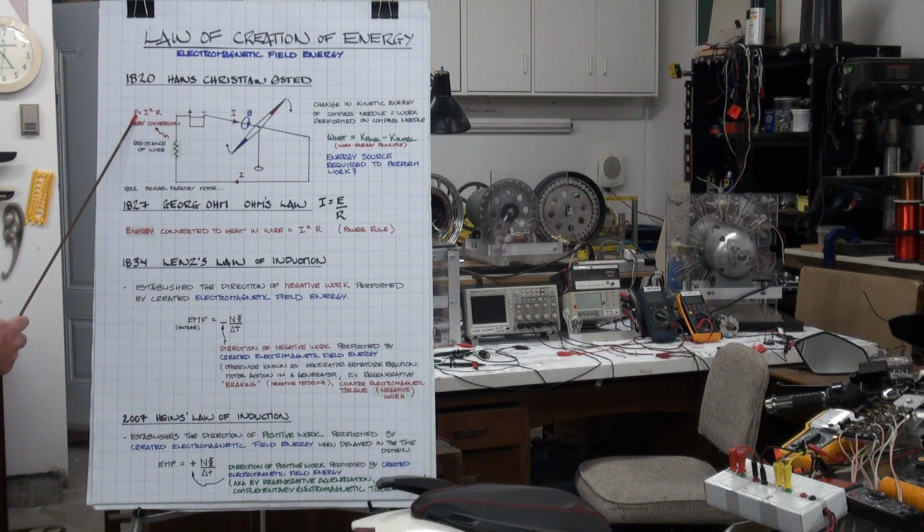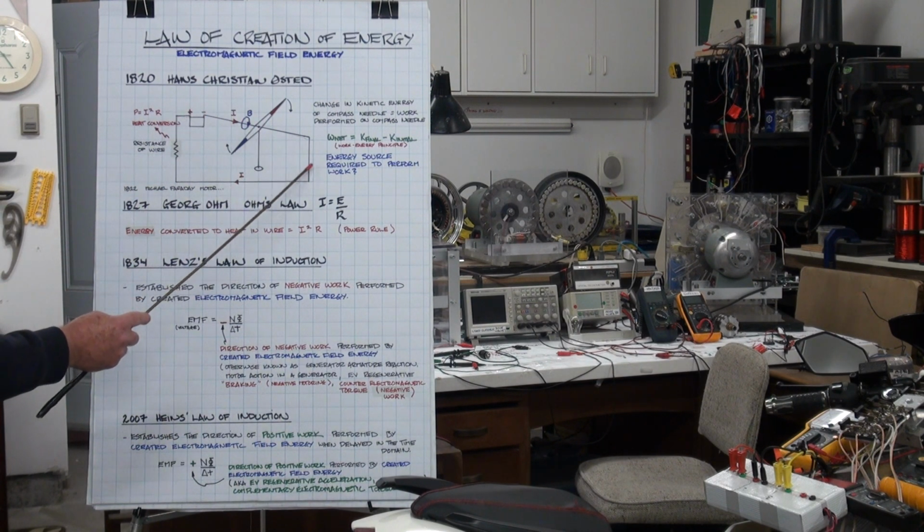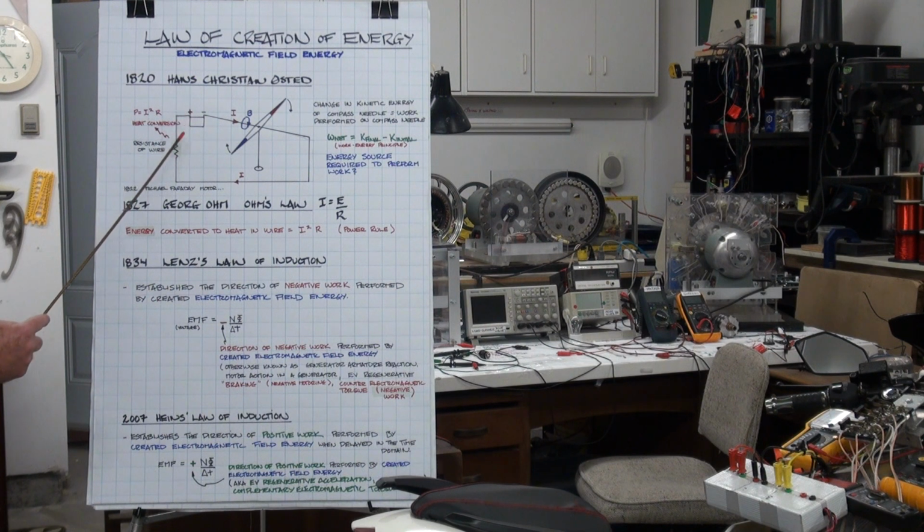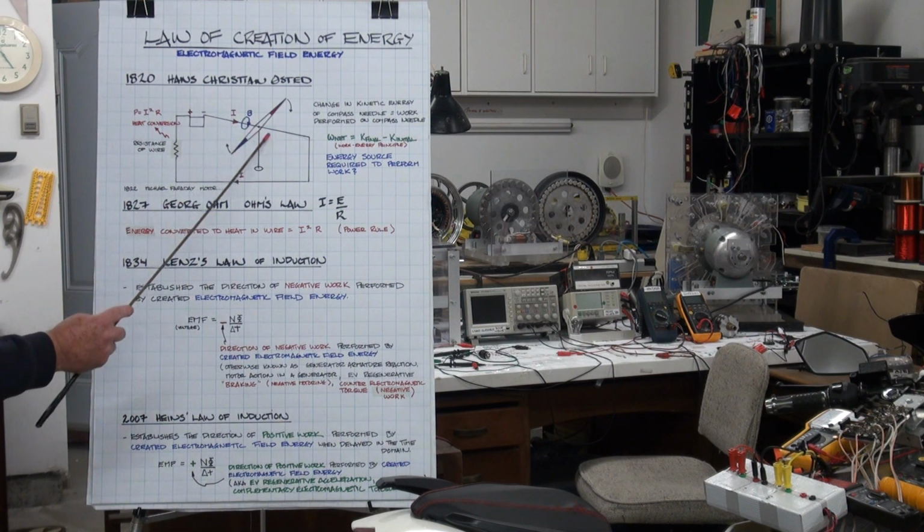And we can use the formula, the power rule, P equals I squared R, the magnitude of the current flowing in the wire, squared, times the resistance, to determine how much work is being performed in heating the wire. That's the only energy conversion that's happening in the wire.